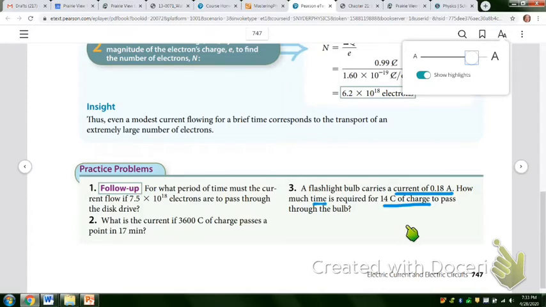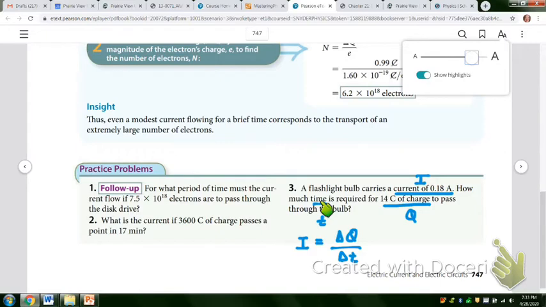If you look at your list of formulas that uses I, Q, and T, I believe we had a formula that said current was equal to the change in, or amount of, charge over the amount of time. And you're asked to figure out the time.